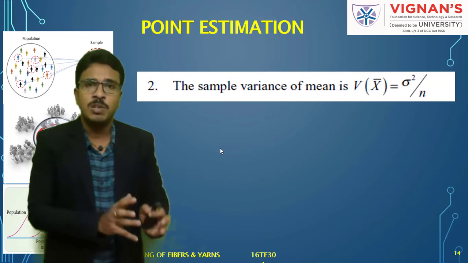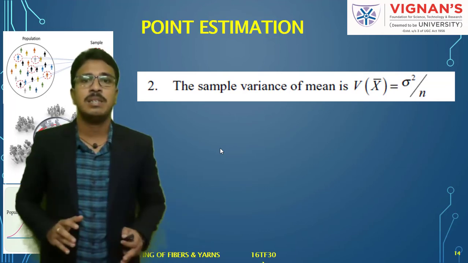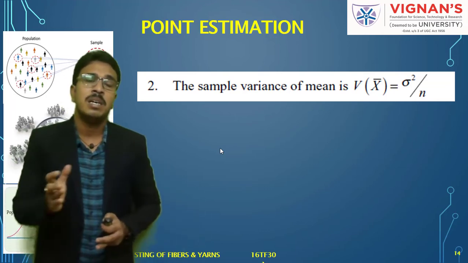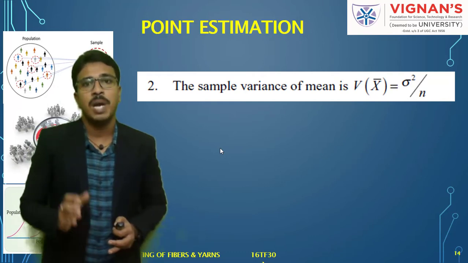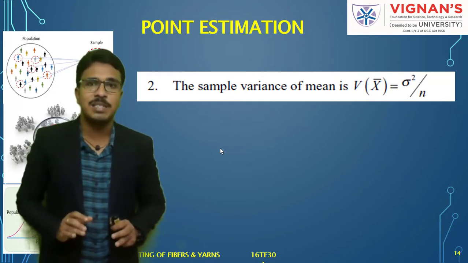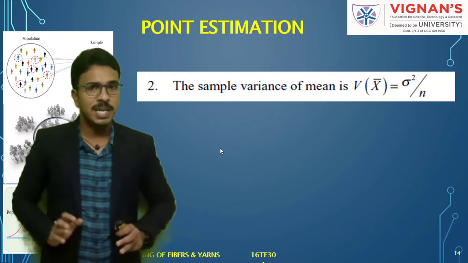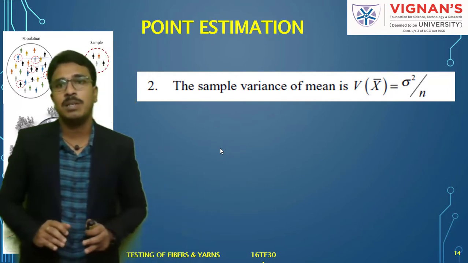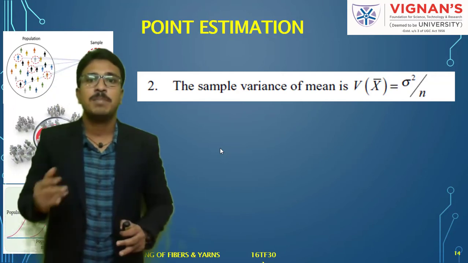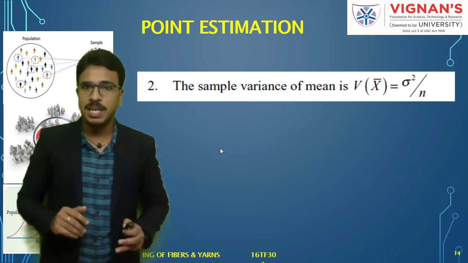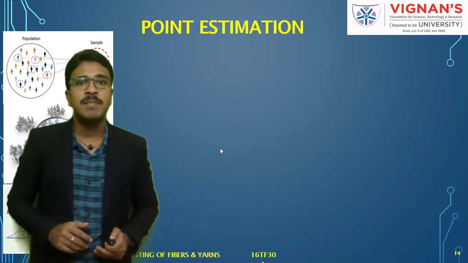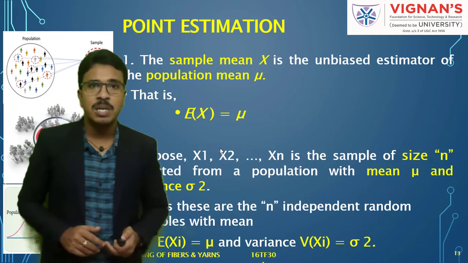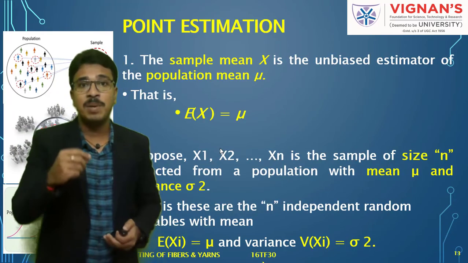So if you want to find the variance of the sample mean in point estimation, you have to use this formula: V of x bar is equal to sigma square by n.